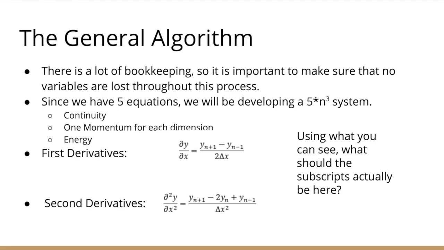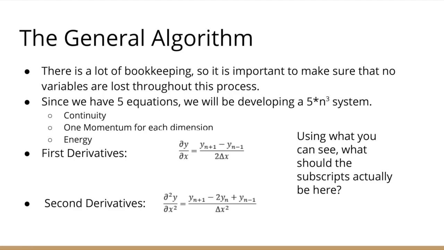So our 5 equations are our continuity equation, the one momentum equation for each dimension, x, y, z, and the overall energy equation. Now, if you remember from numerical analysis, you have your first derivative and second derivative centered finite difference forms, which you can see on the screen.